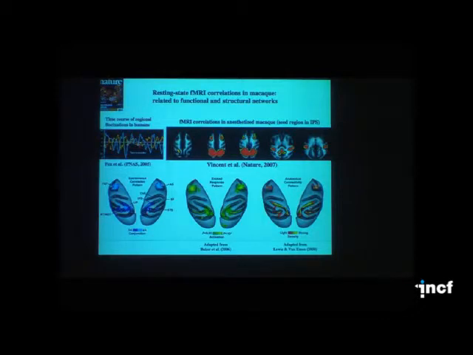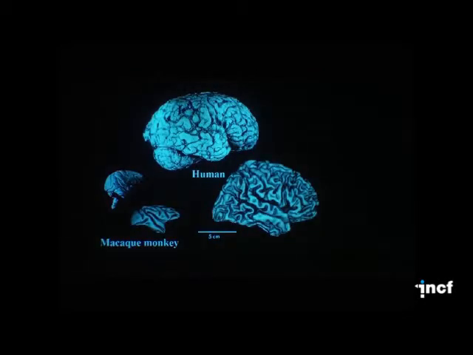So in a nutshell, resting state fMRI is telling us information that is related to anatomical connectivity, but it's not just direct pathways, it includes indirect pathways for sure. I'm not going to show you the evidence, just assert it.